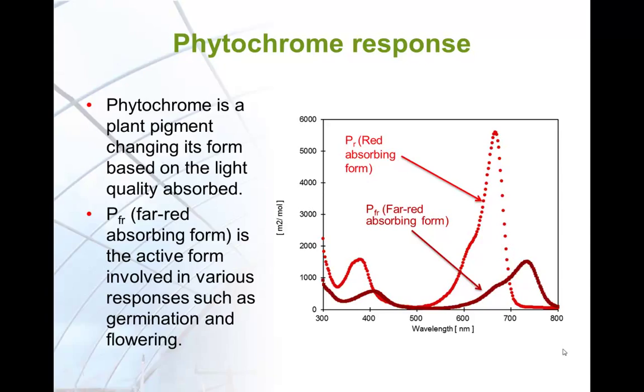And far red is generally considered as 700 to 800. And then depending on the original light quality or incident light quality, the amount of far red absorbing form and red absorbing form is determined. And that resulting ratio of far red absorbing form and red absorbing form determines the response, such as germination and flowering.